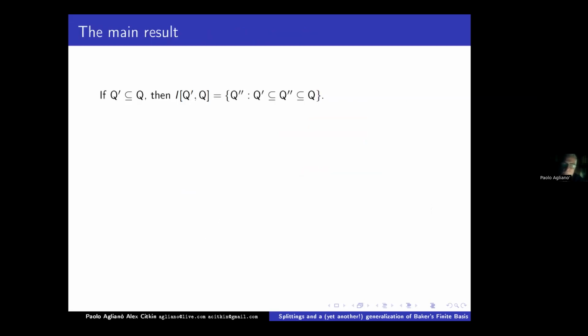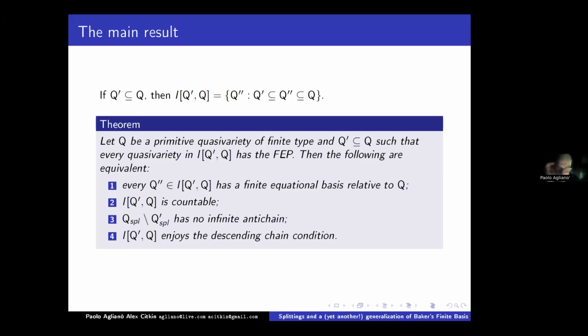Now, this is the main thing that we can prove using this setting, okay? So we take an interval in the lattice of sub-quasi-varieties, and we can prove this. Let Q be a primitive quasi-variety of finite type, and let Q' be contained in Q such that every quasi-variety in the interval [Q', Q] has the finite extension property. Then the following are equivalent.